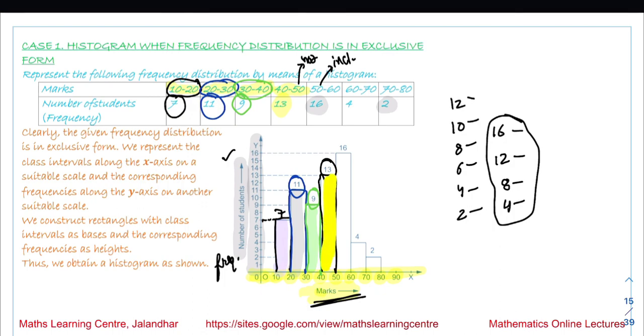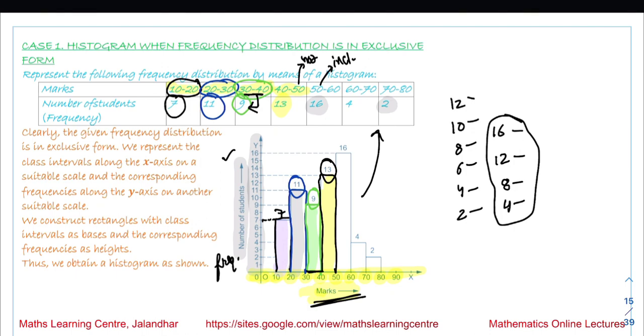In the case of a bar graph there was a distance between these rectangles, but now all these rectangles are connected with each other, and this kind of representation of the data is called a histogram. Why is it like this? Because if I am saying between 30 to 40, there are 9.